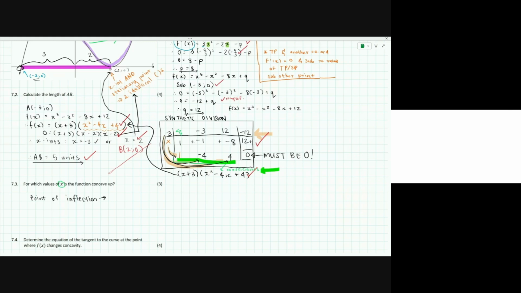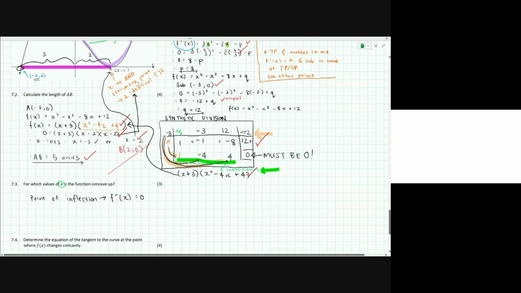Lorato? Do we find the second derivative and make it 0? Then we basically solve for x. Perfect, exactly. So our point of inflection is where we would take the second derivative and make it equal to 0.